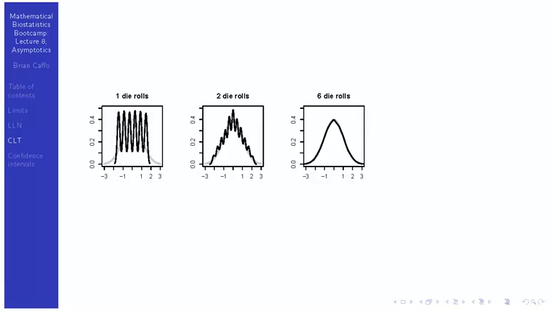So if I was on my desert island and I needed a standard normal, I think I could probably get away with 6 die rolls and taking an average, subtracting 3.5 and dividing by 1.71 divided by square root 6. And the reason why I bring this up is because it's an interesting fact.